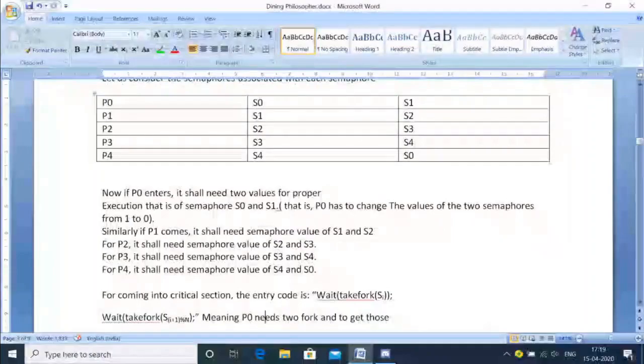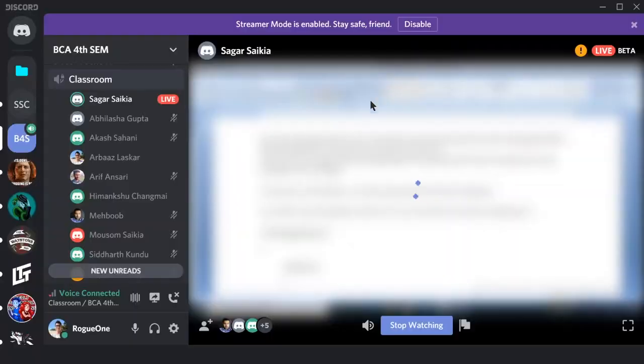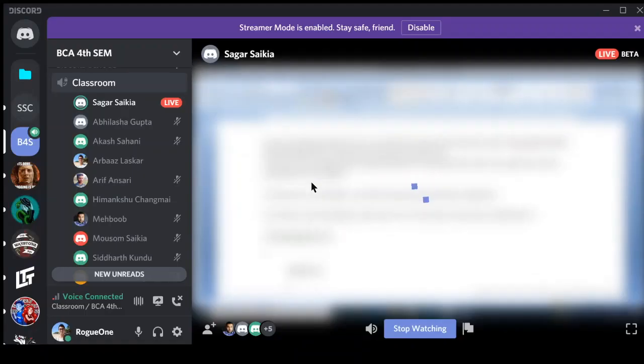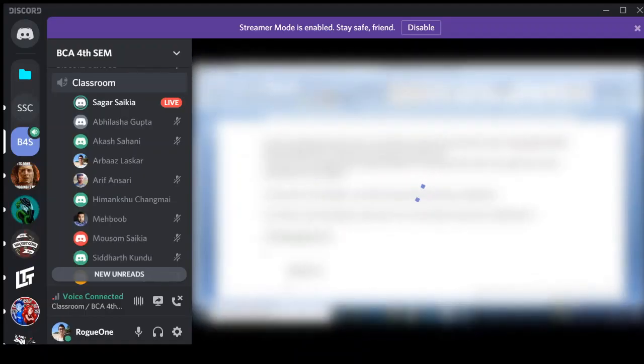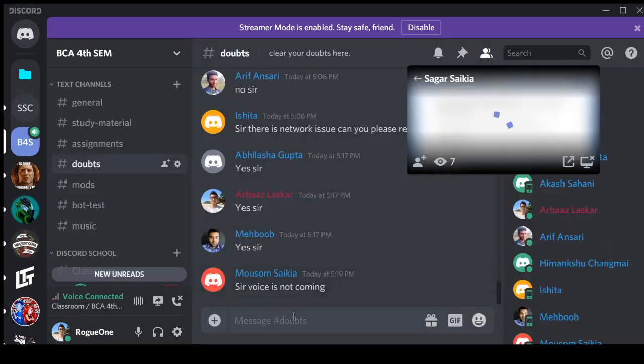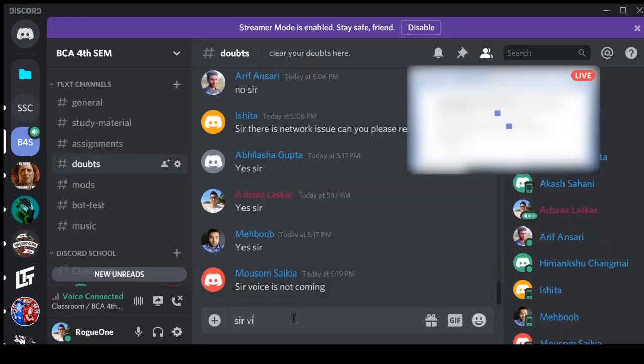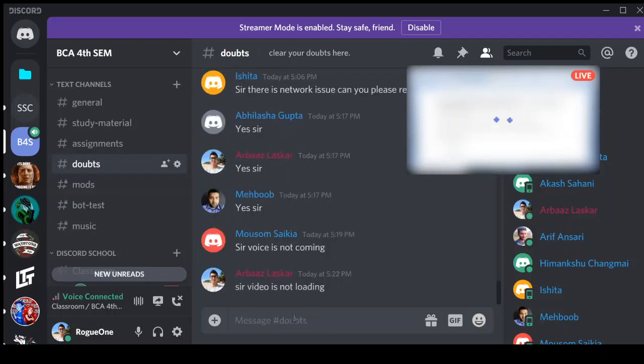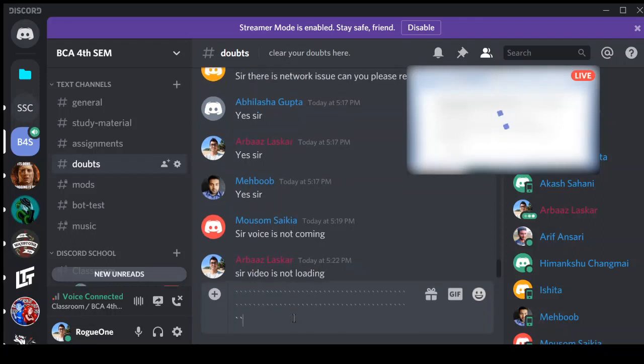However, P0 shall need two values for proper execution, that is for semaphores S0 and S1. Very correct, because P0 will be needing two forks, and each fork has one semaphore, correct? So P0 will be needing two semaphores, S0 and S1.